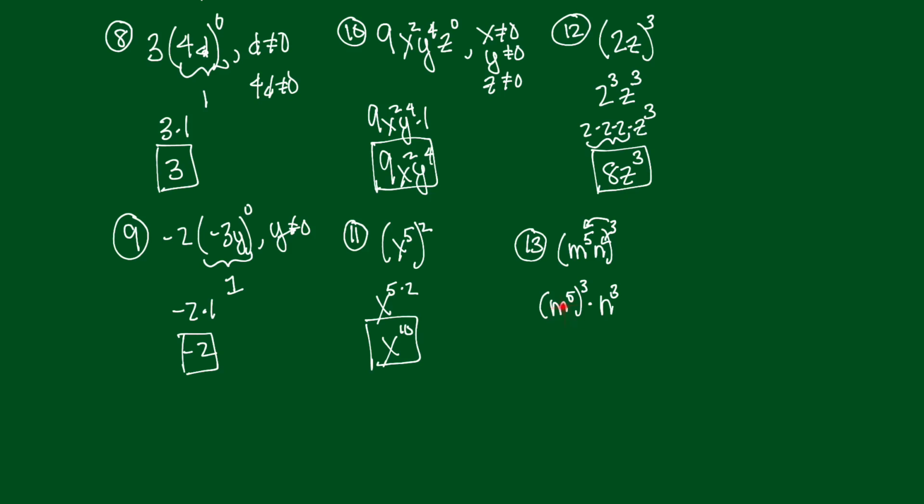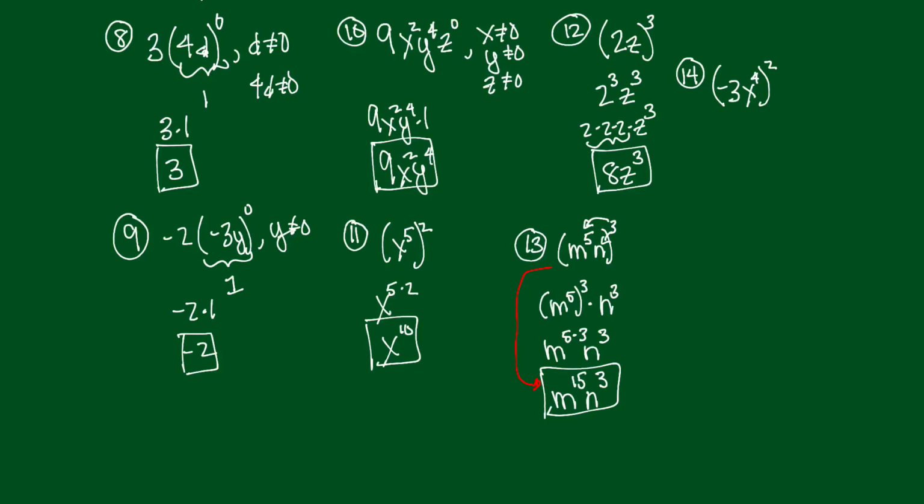I've got a power raised to a power, so I can multiply the exponents. So m to the 5 times 3, n cubed. 5 times 3 is 15. I'll get m to the 15 n cubed. And of course, you can see what's happening here. Just multiply through. I think you can go from this step directly to this step.